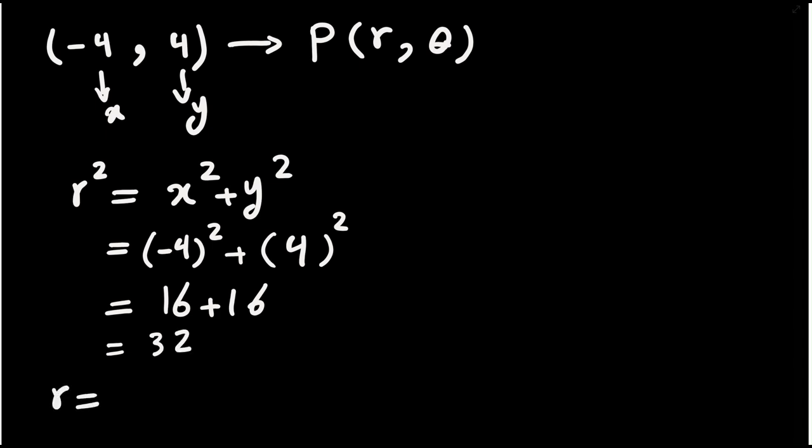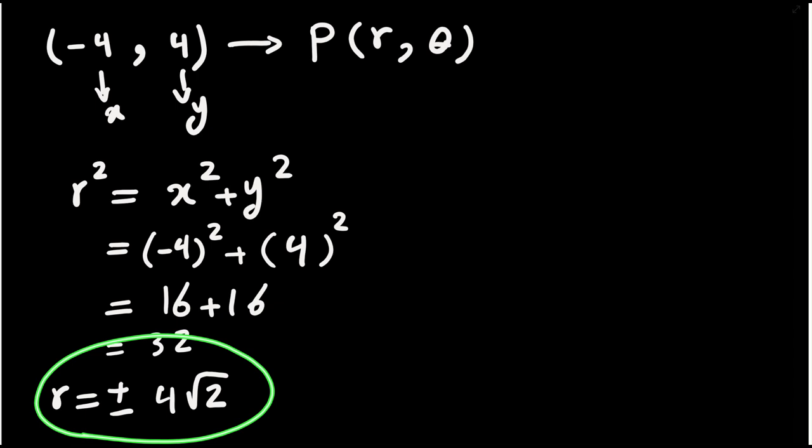So r is positive or negative square root of 32, or 4 times the square root of 2. Now you may think, why do we have negative and positive r? In the previous example, you saw that r can be positive or negative.